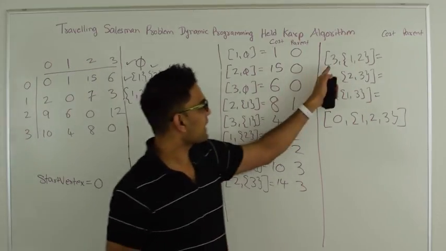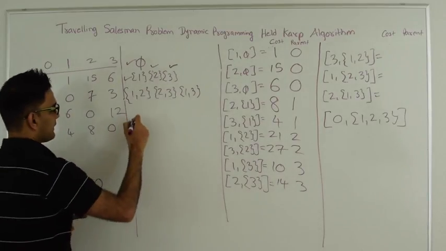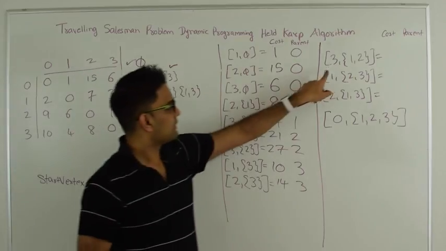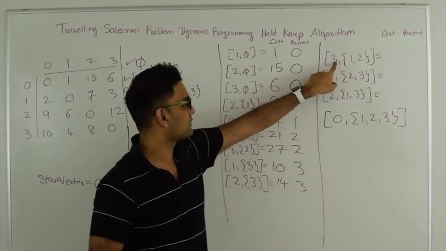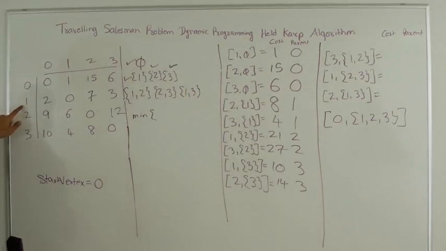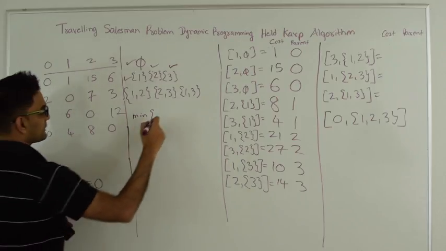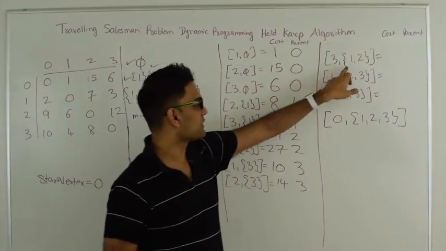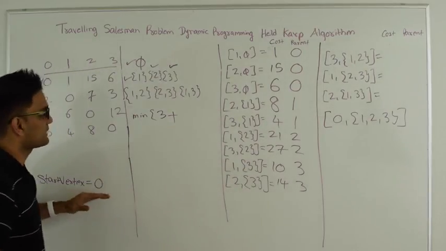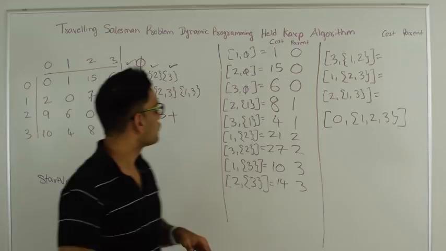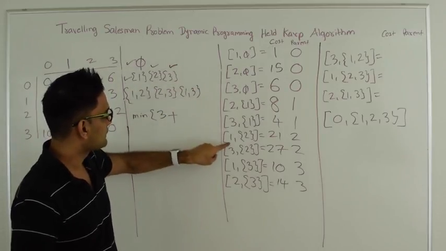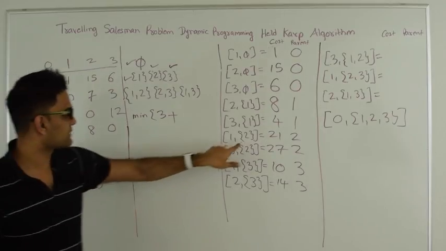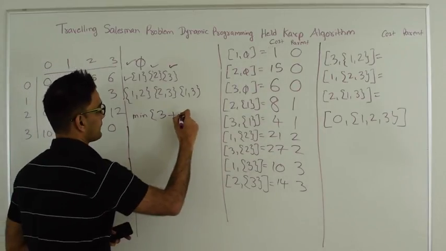If the vertex right before 3 is 1, in that case the minimum cost we get is whatever it takes to reach 3 from 1, so that is 1, 3, which is 3, plus whatever it takes to reach 1 from vertex 0 with subset 2. So that's this value, 21.